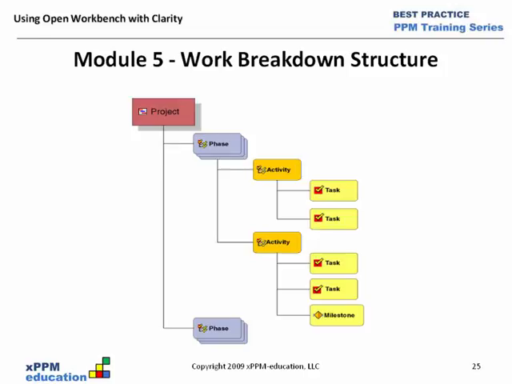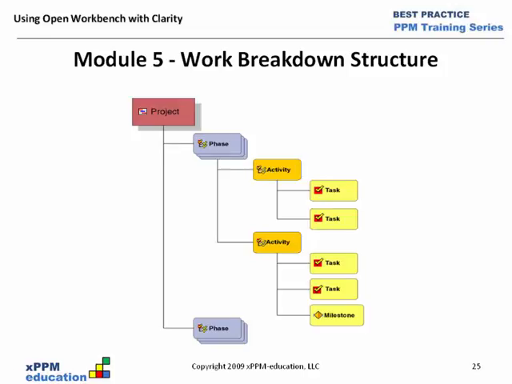Another thing about the work breakdown structure is that the tasks that we see at the far right, tasks and milestones, this represents the detail portion of the work breakdown structure. The detail work and milestones. The other items to the left of those tasks and milestones are what we call summary tasks.